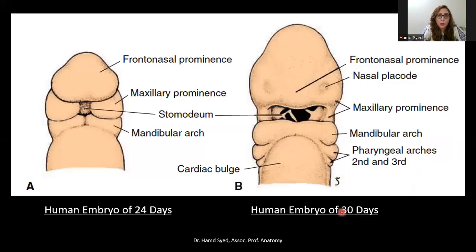Let's just briefly look at the formation of the face regarding the pharyngeal arches. So over here you can see this is a frontal view of the developing face during early embryonic stages of development.